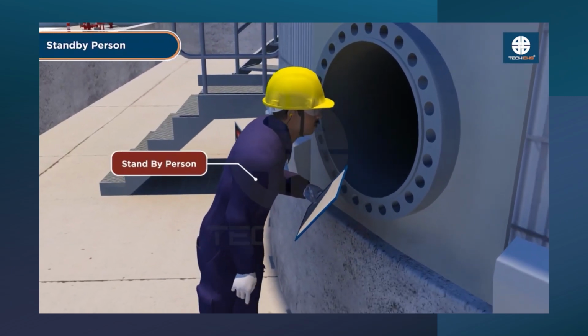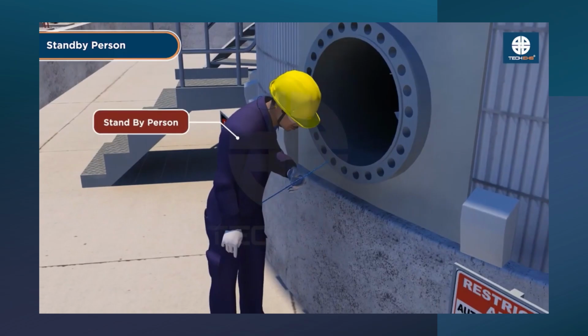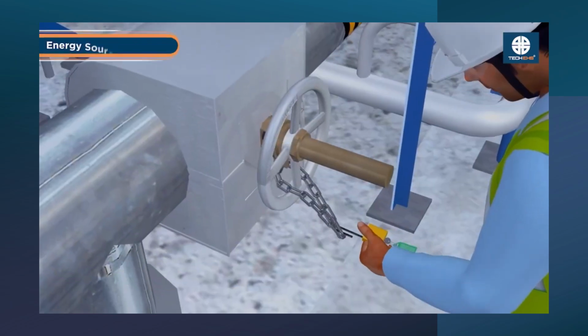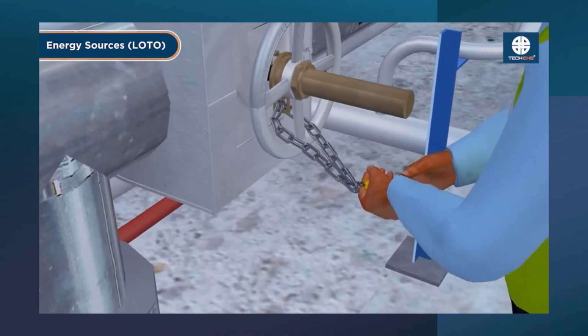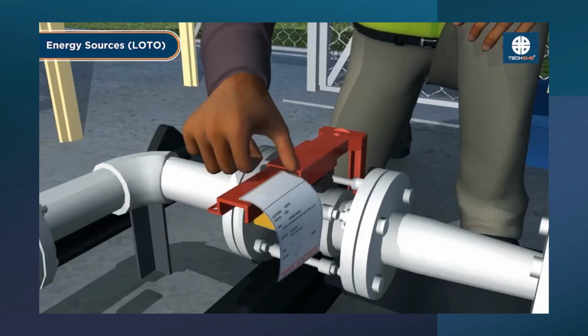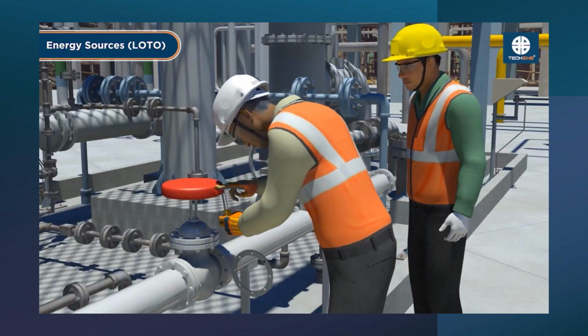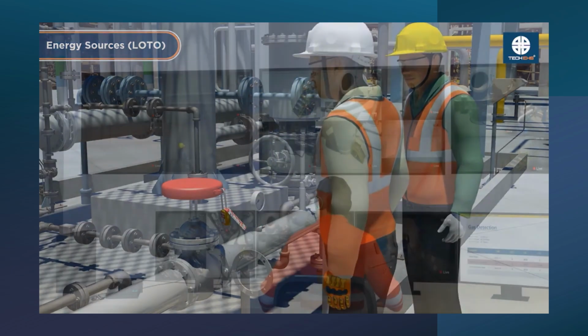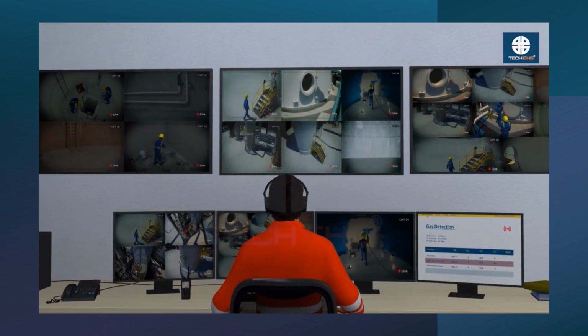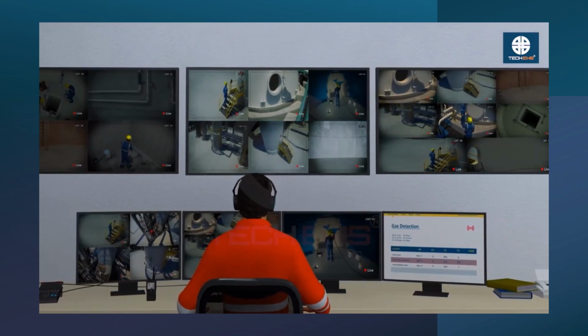A trained attendant should be present outside the confined space to monitor and respond to any emergencies. Control energy sources. Follow lockout-tagout procedures to isolate energy sources such as electrical, mechanical, or fluid systems to prevent accidental activation. Following these safety tips minimizes risks and ensures a safe working environment in confined spaces.